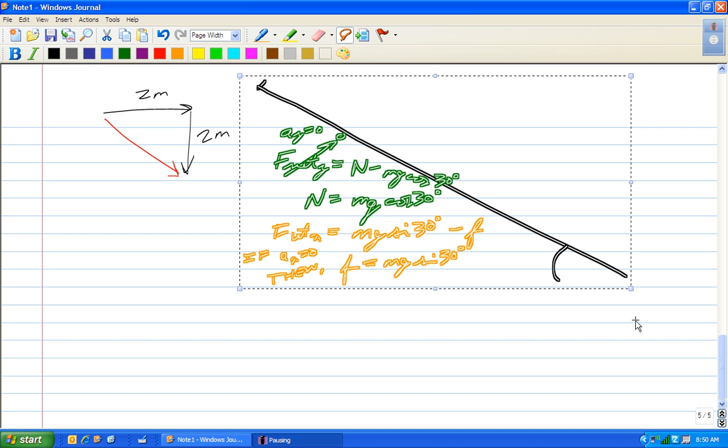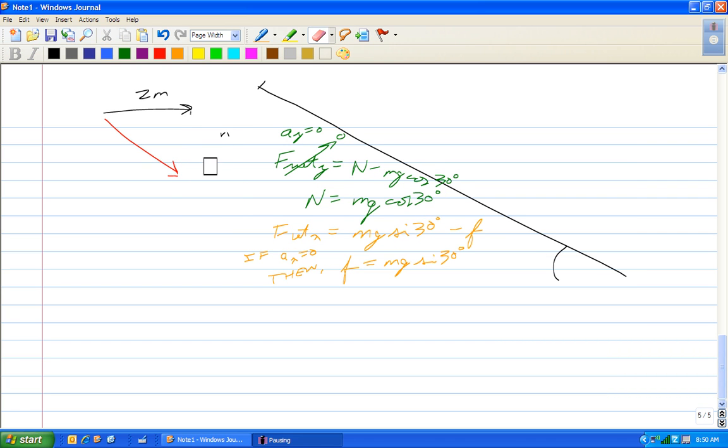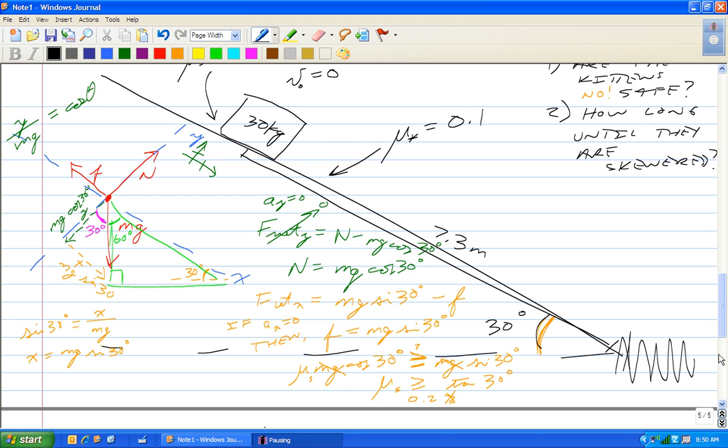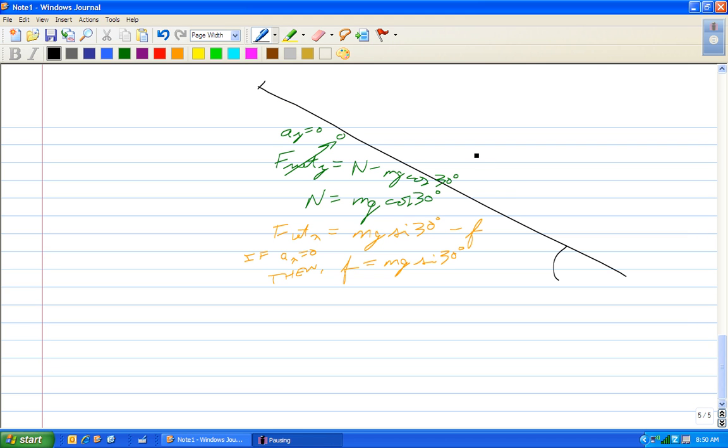I'm just moving it for clarity's sake. Get rid of my 2 plus 2 equals. Okay? So, how far did I say? 7 meters? 7.3 meters. So this is 7.3 meters.